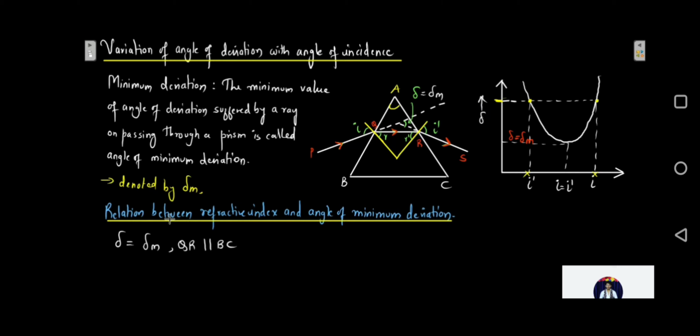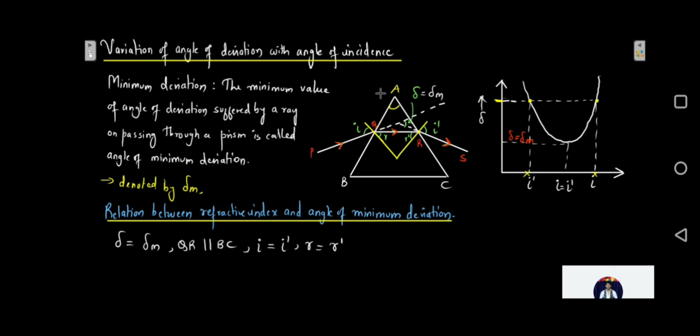Another thing that is going to happen over here is the angle of incidence, I, will be equal to the angle of emergence, I dash. This is also going to happen at an angle of minimum deviation. That happens by geometry. Also, the angle of refraction at the first interface AB will be equal to the angle of incidence at the second interface AC, that is R dash.